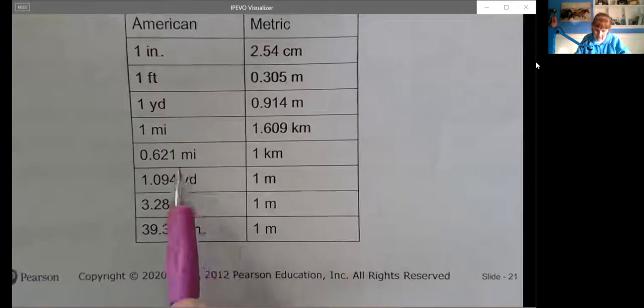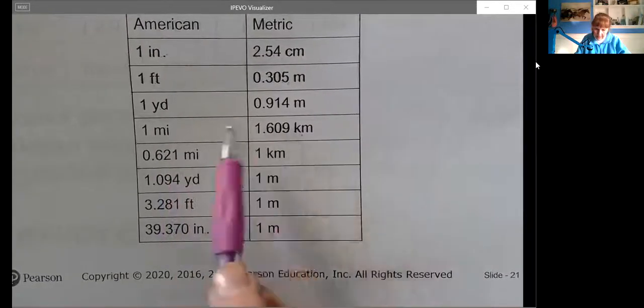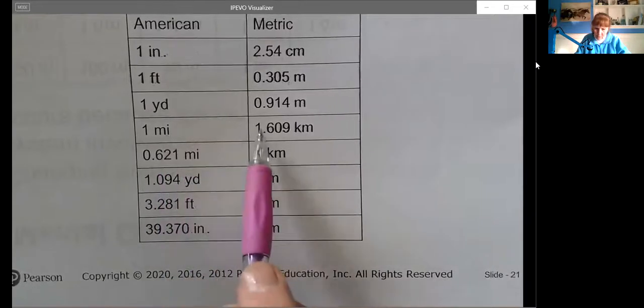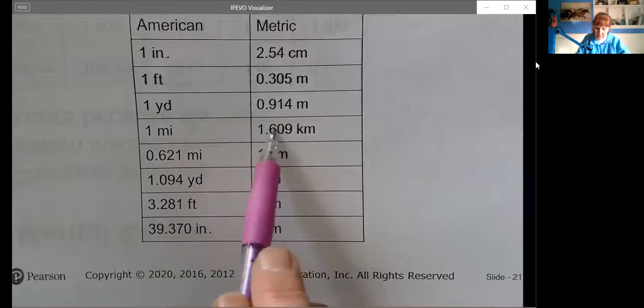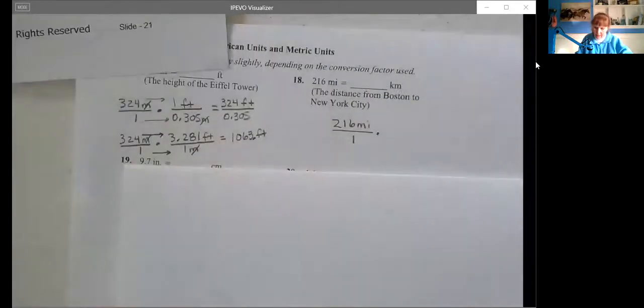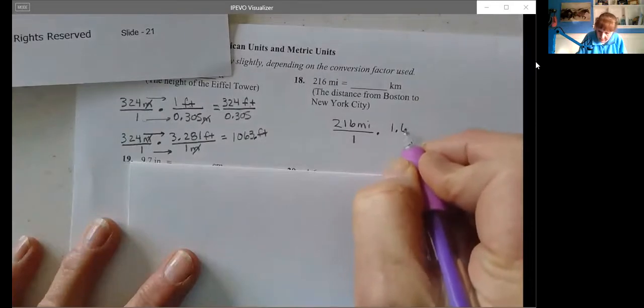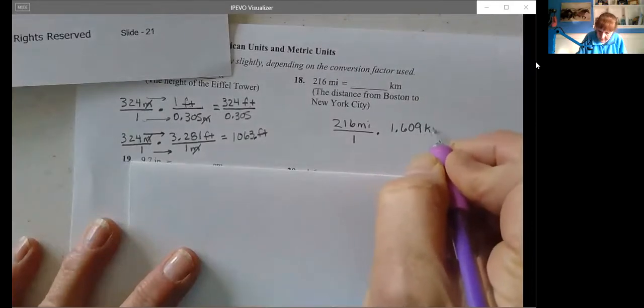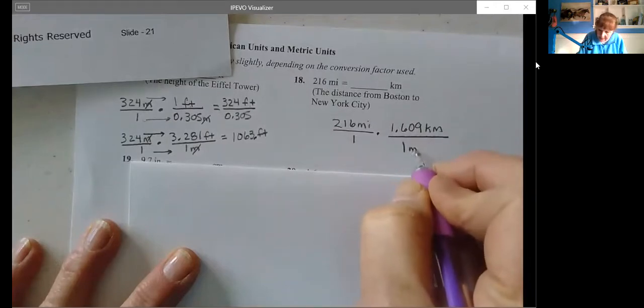Miles to kilometers. Do we just have the 1 here? Yes, we do. 1 mile, 1.609 kilometers. So this is the one we're going to use. I want kilometers, so I will put that in the numerator. And the 1 mile goes in the denominator.